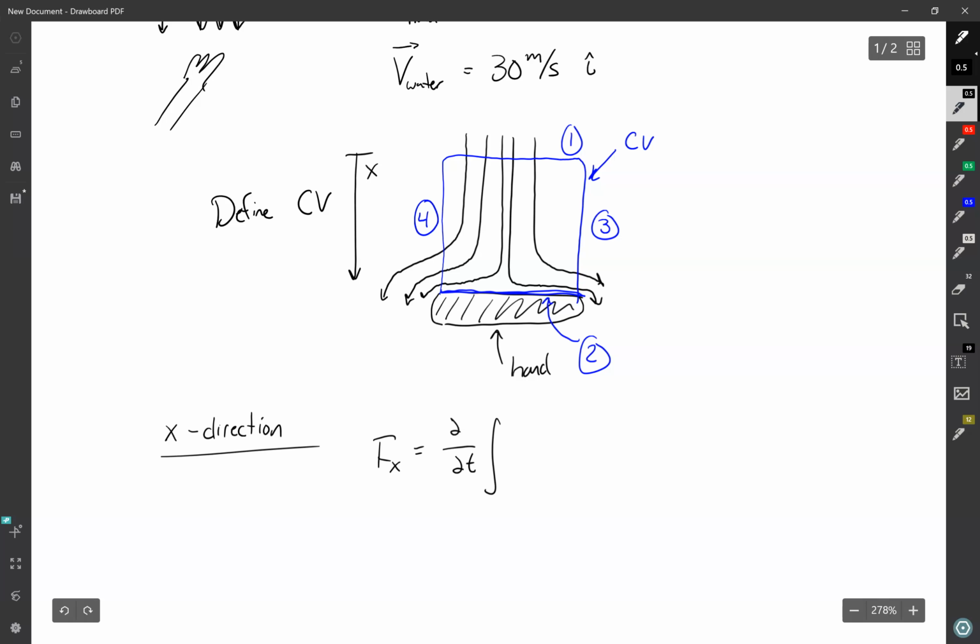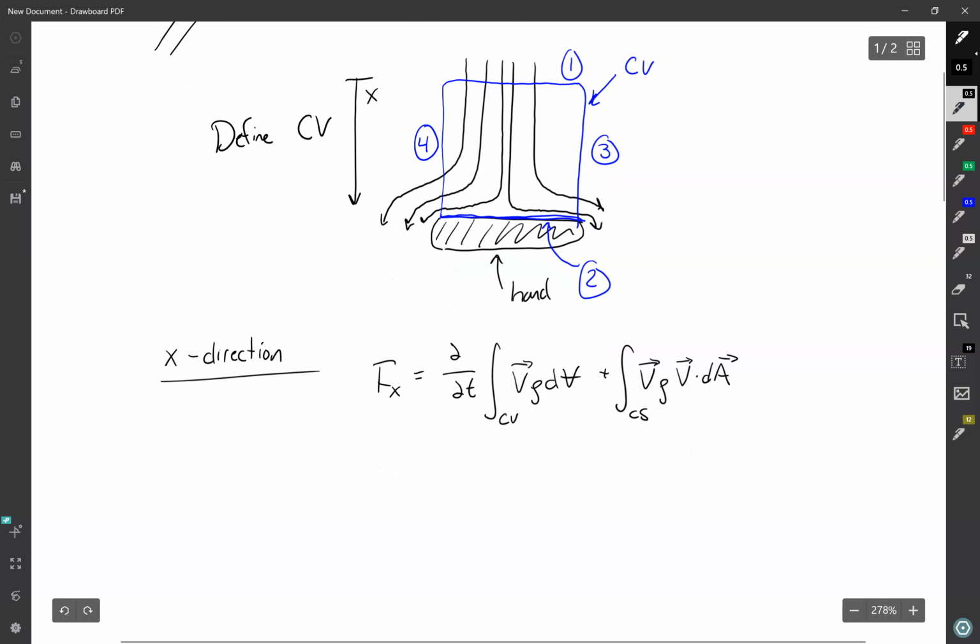This is the full Reynolds transport theorem momentum equation. If we want to look at the steady state solution, this whole first term drops out.